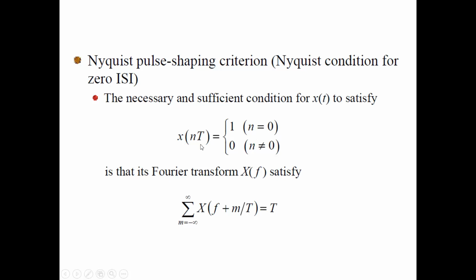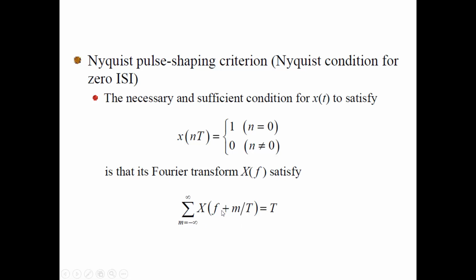This is the time domain explanation of the condition. But if you take the Fourier transform of this, it will come out to be the sum over m going from minus infinity to infinity, because this is in terms of spectra, of X(f plus m/T), equal to T. Now let me explain this.